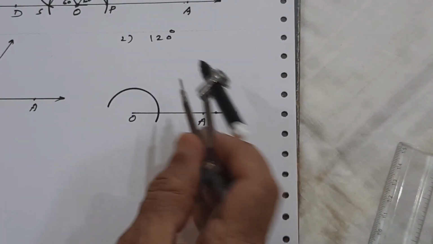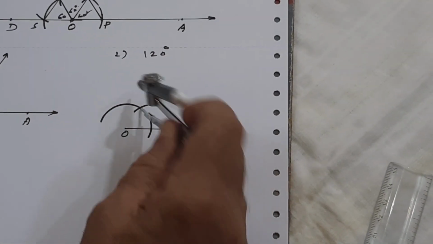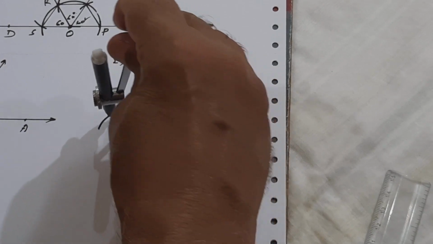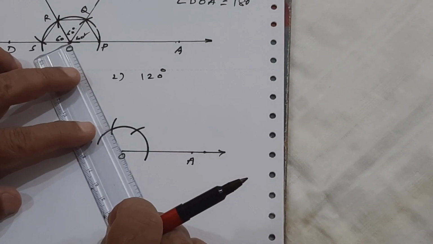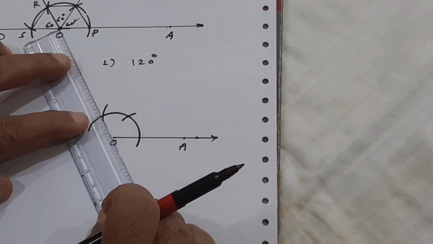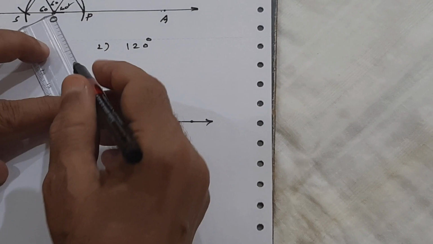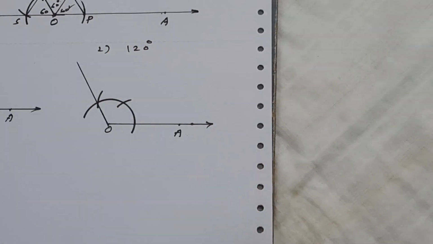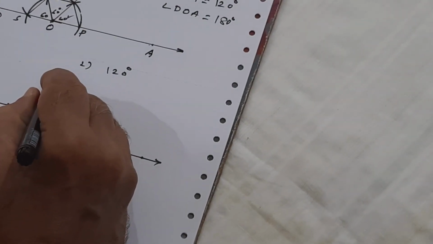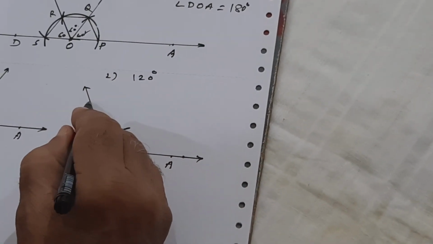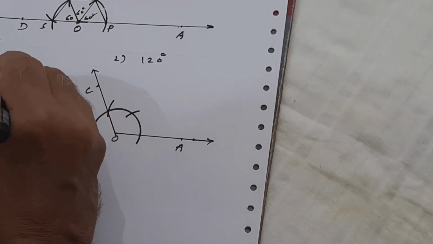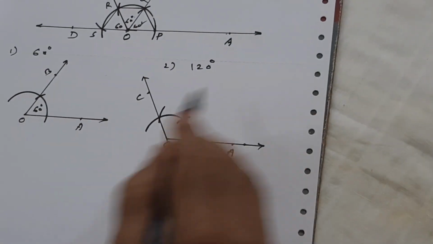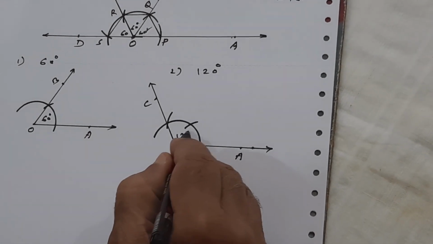Now taking the same radius from this point of intersection, take first arc, then same radius from this first point, second point of intersection, take second arc. You will get the two arcs, join second arc with O. This will be your angle of 120 degree. Here you can name it as C, here you can name it B. So this is the angle 120 degree.